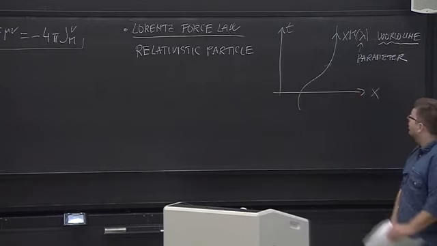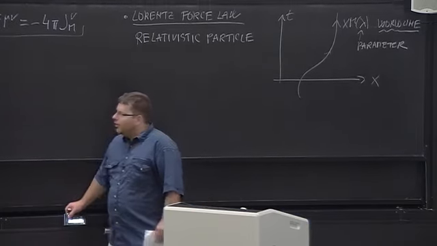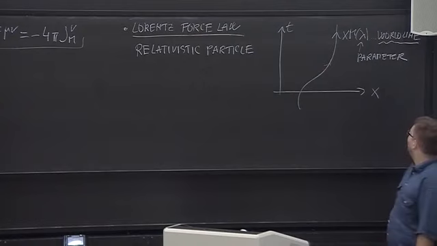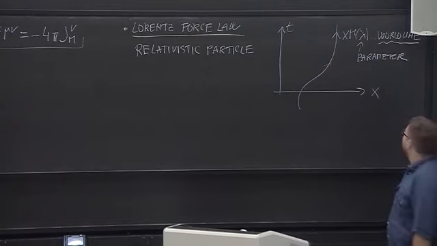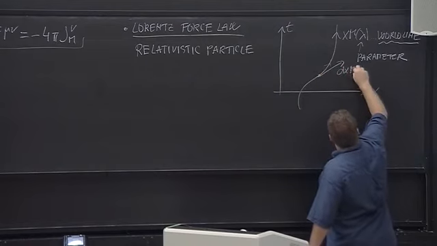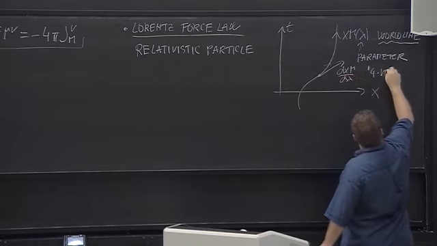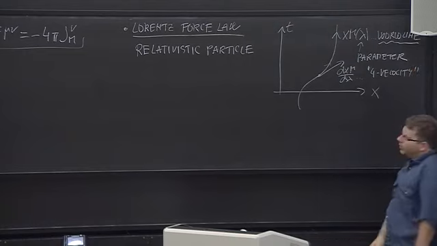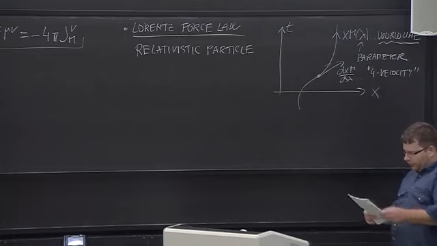Okay. So you can also define the velocity of this particle with respect to this parameter λ, and it's simply you differentiate these coordinates x^μ with respect to λ. So you would have dx^μ/dλ, and that would be the velocity with respect to λ, with respect to any parameter I parameterize my trajectory.